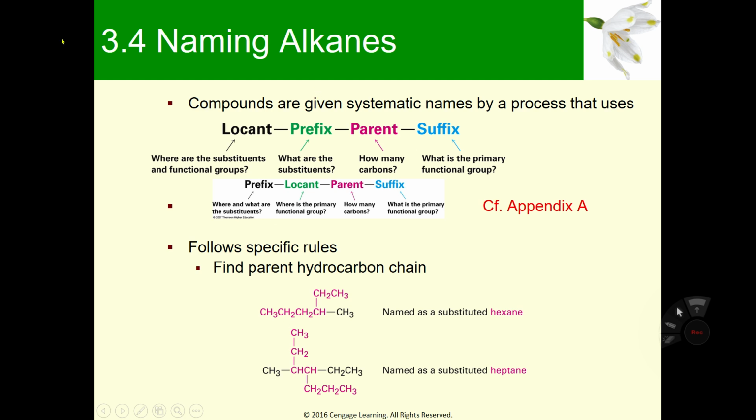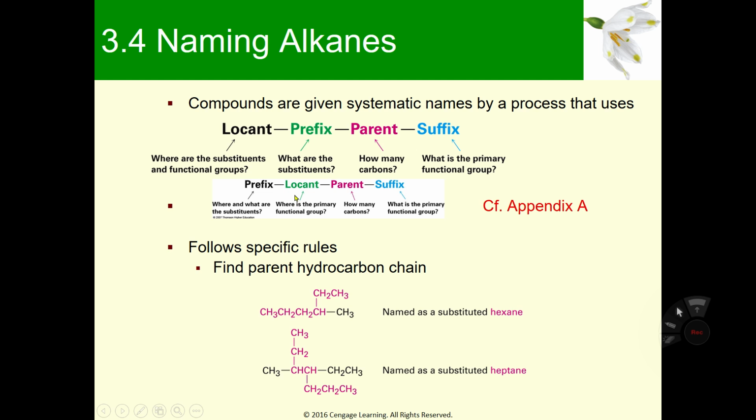Prefix represents the substituent. But if you look at Appendix A, they show a different way. They show prefix, locant, parent, and suffix. But both of them are correct. If we talk about very complicated structures, in that case we have to designate the location of a suffix in the parent carbon.